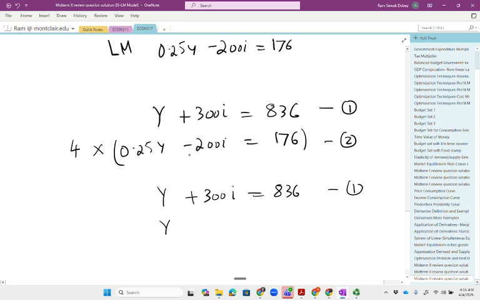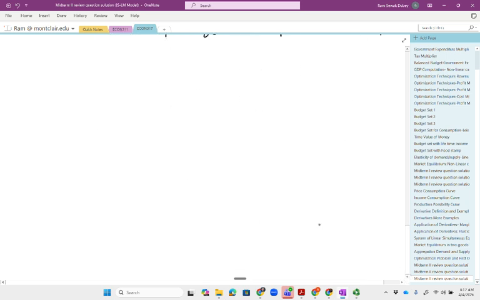Minus 200 times 4 is minus 800i. On the right hand side, 4 times 176 turns out to be 704. The second equation has been multiplied by 4, and this is what we obtained.